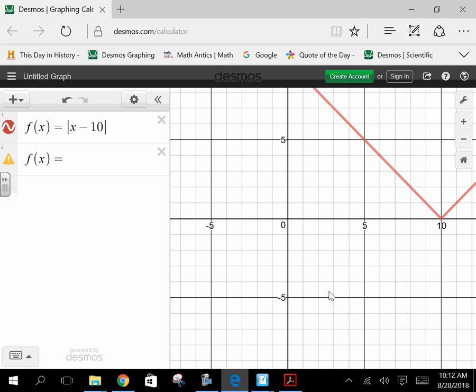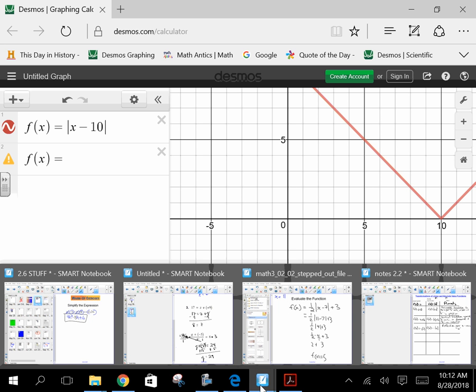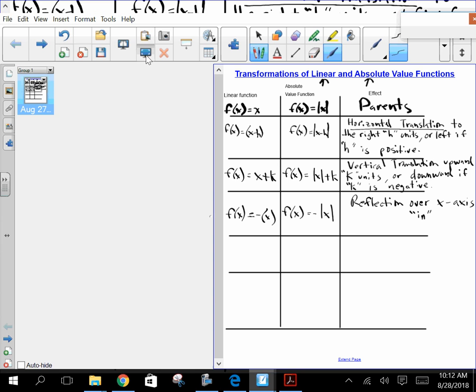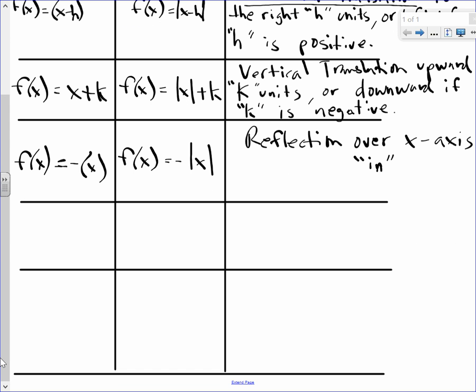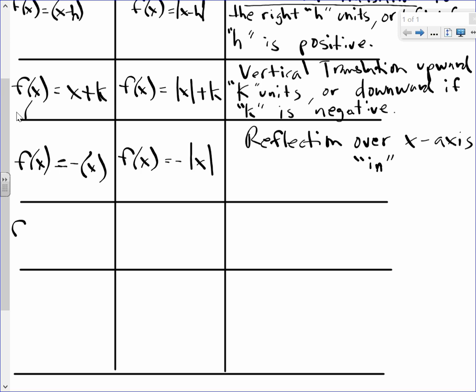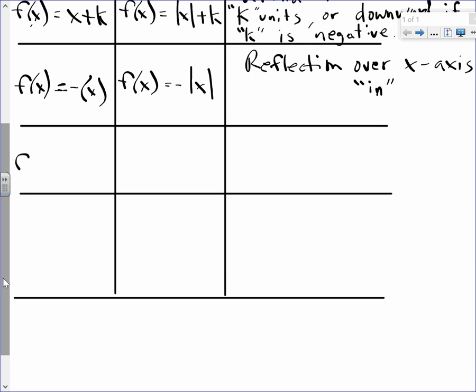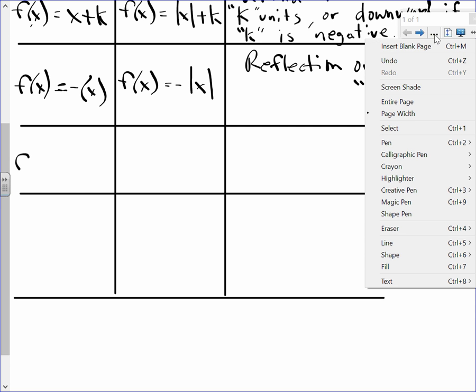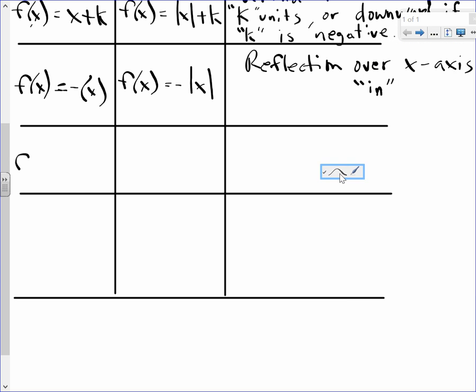So look what I'm going to do now. I'm going to put a negative in front of the x inside the grouping symbol. In other words, write this down in your note guide. F of x, the function of x equals, watch this, inside the grouping symbol now.